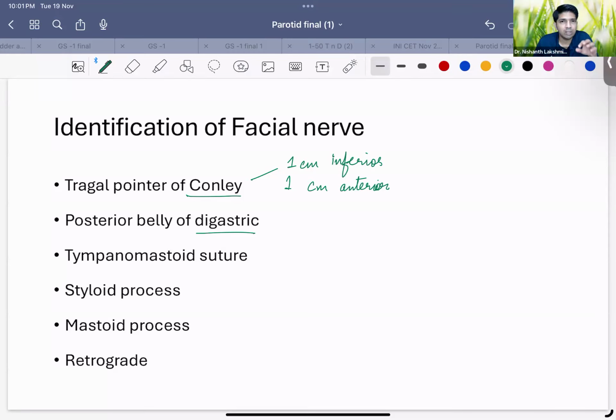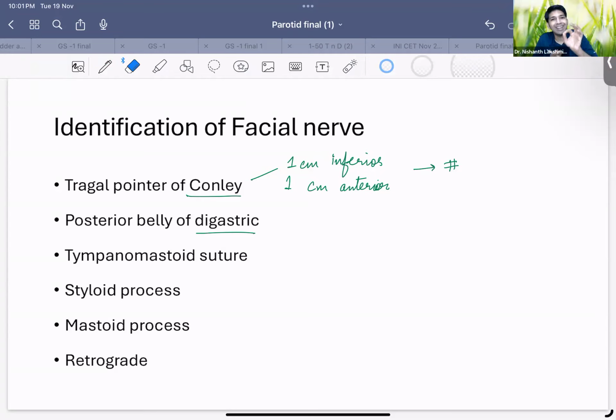Now there are certain points in the literature which say that because it is a cartilaginous point, when you are dissecting, there is a chance you can have a fracture of this tragal pointer. If it is fractured or dislocated, it can no longer be a reliable method for identifying the facial nerve. Okay. Now, it is no longer a fixed point. It is something that is broken, which can move up and down. So this is also not considered a reliable point.